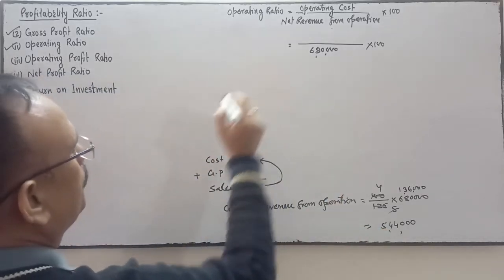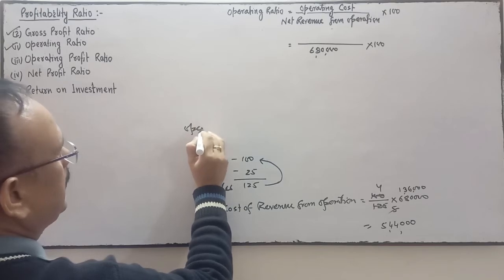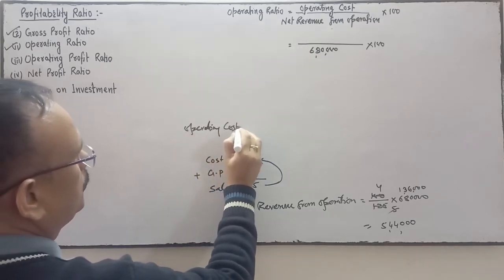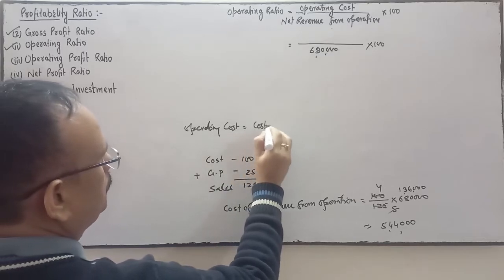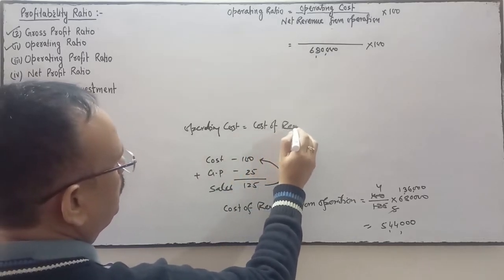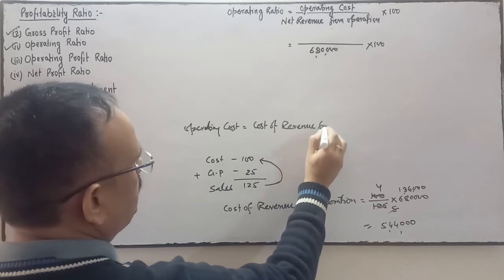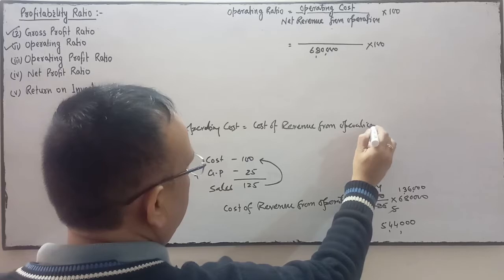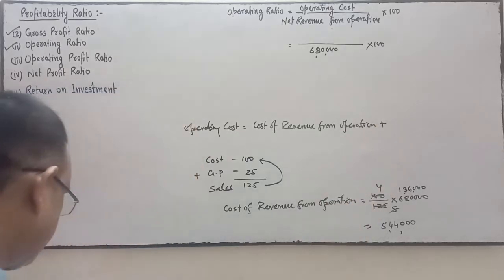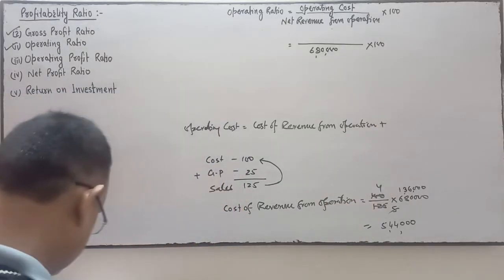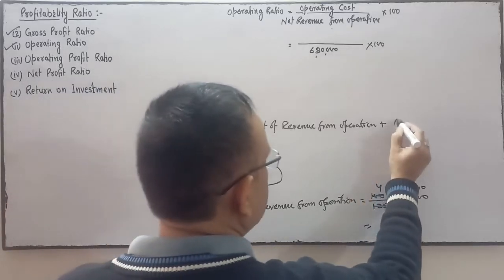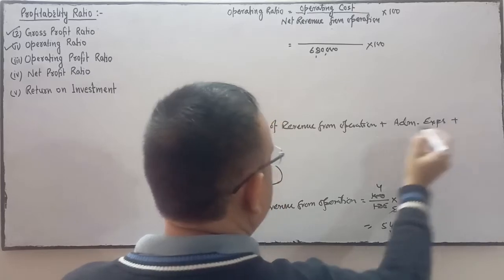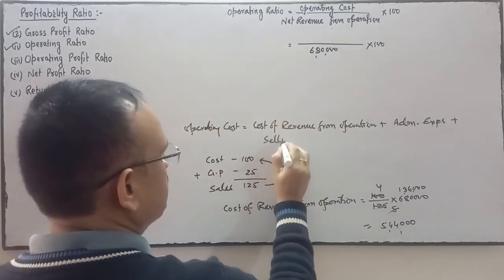So operating cost is equal to cost of revenue from operation plus administrative expenses plus selling and distribution expenses.